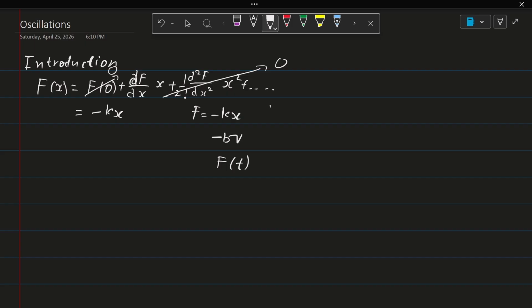So this will later be simple harmonic oscillation, damped harmonic oscillation, and lastly, driven harmonic oscillation. Or we could also call this forced. It's the same thing.